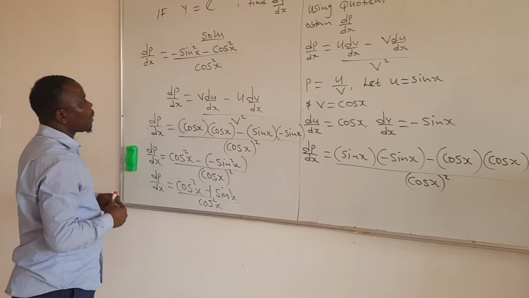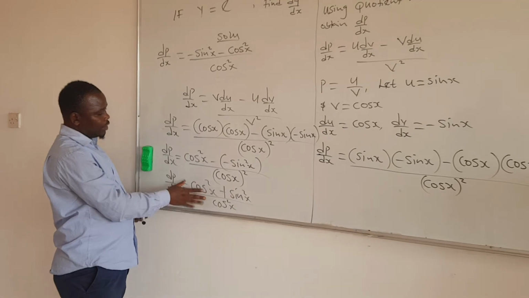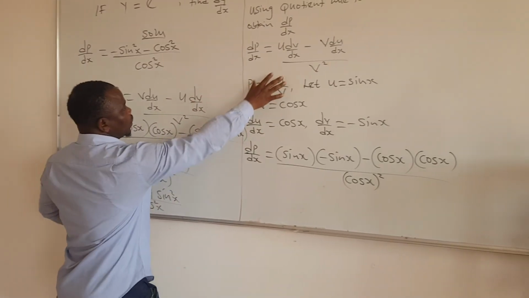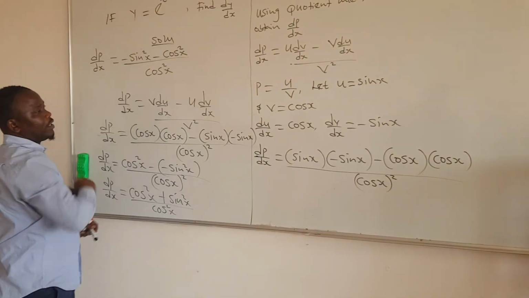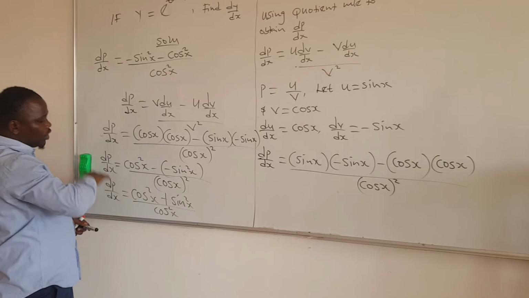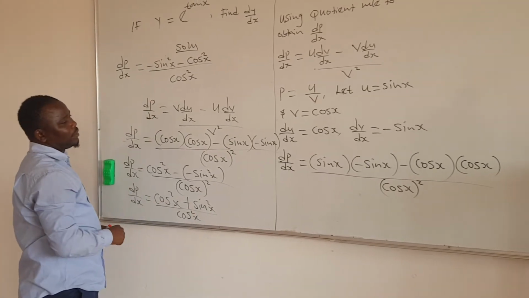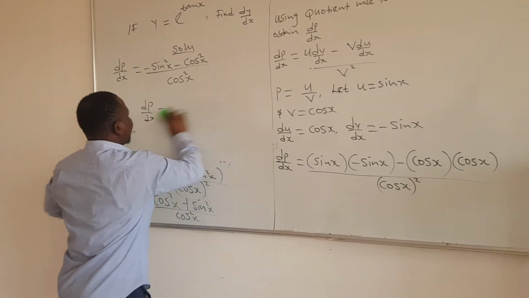True or false? Okay. So if you agree with me here, since I used this formula, we are going to multiply through by the minus sign, and we are going to have the same thing. Okay, let's do it together.